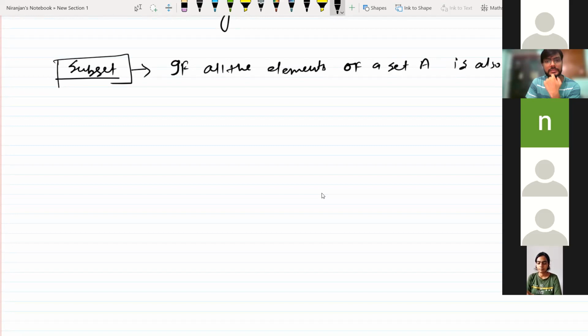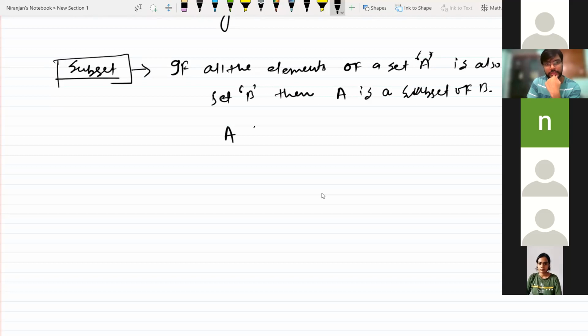Simran. Very nice. If all the elements of a set A, this is your set, guys, are also in set B, then A is a subset of B. And how do you denote this? Something like this.